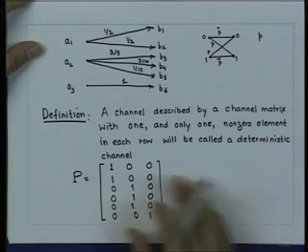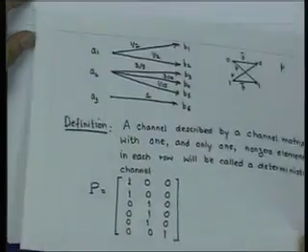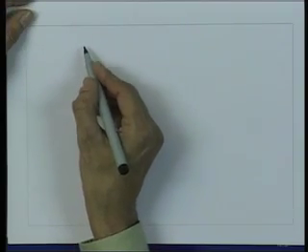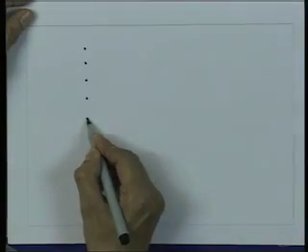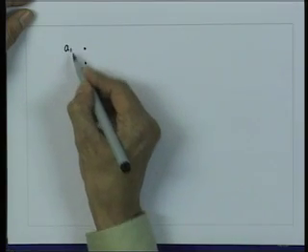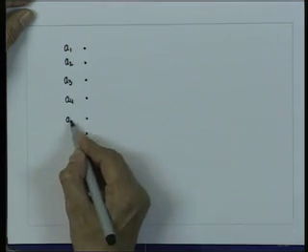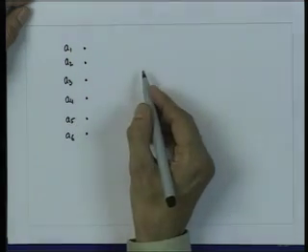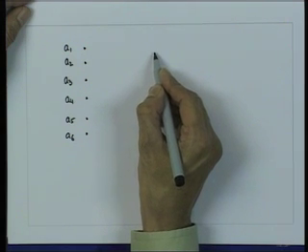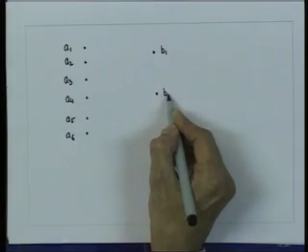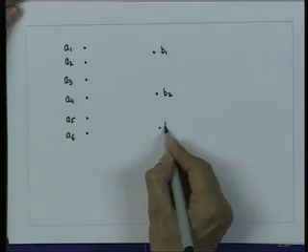The channel diagram for a deterministic channel will look as follows. Since the channel matrix size is 6 by 3, it implies that we have 6 inputs, which are indicated by A1, A2, A3, A4, A5, A6, and we have 3 outputs indicated by B1, B2 and B3.